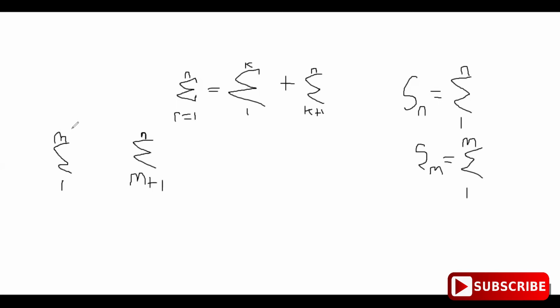The sum from 1 to m plus the sum from m plus 1 to n, what is that equal to? We're summing from 1 to m plus from m plus 1 to n. That's the sum from 1 to n.